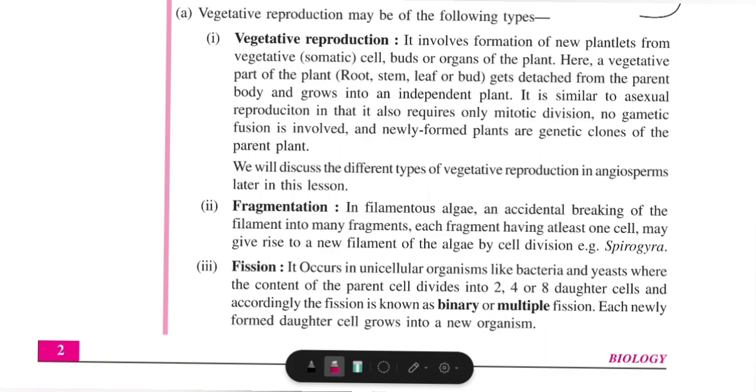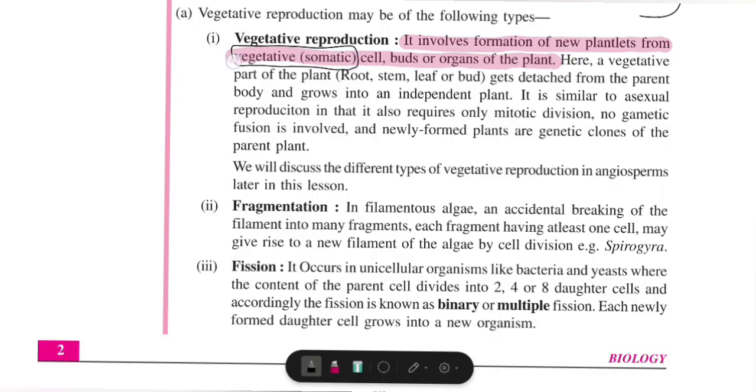Vegetative reproduction involves the formation of new plants from vegetative somatic cell bud organ of the plant. So what does this mean? This basically means that in vegetative reproduction, a new plantlet, what is a plantlet? A plantlet is a baby plant. A new plantlet is formed from the vegetative or somatic.